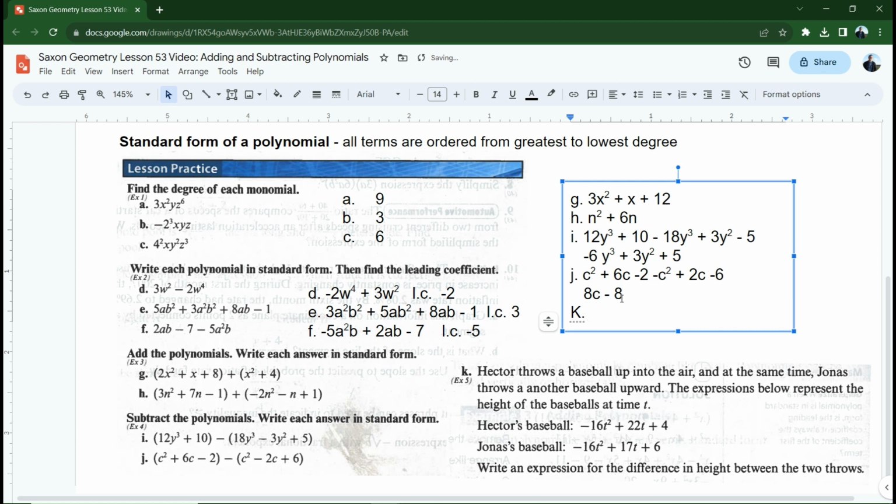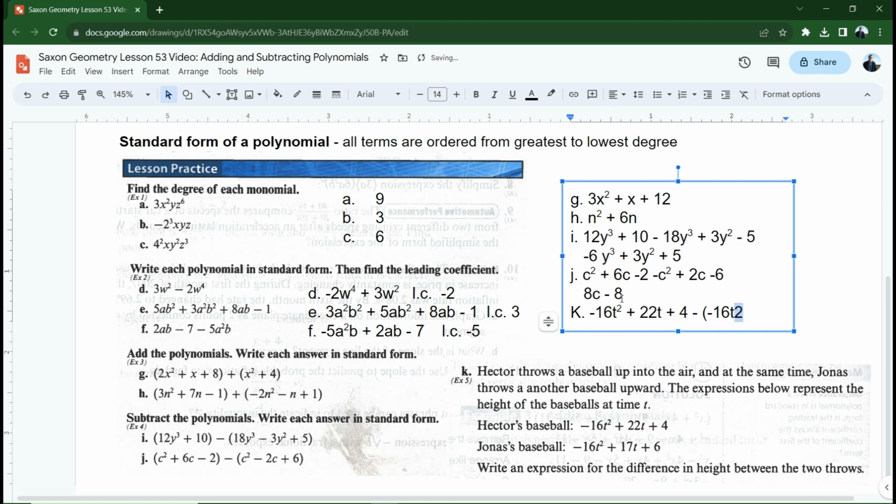Hector throws a baseball up into the air, and at the same time, Jonas throws another baseball upward. The expressions below represent the heights of the baseballs at time t. Write an expression for the difference in height between the two throws. So we're going to have negative 16t squared plus 22t plus 4 minus negative 16t squared.